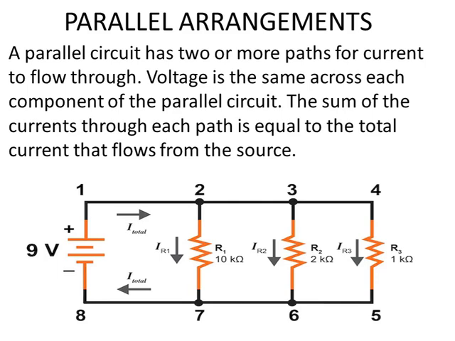The moment the current encounters another path, the current will change, because the current that will enter through path A will be different from the one that will enter through path B. So the current will already be divided. As long as you have more than one path, your current flowing through will not be the same. And that is why I said that a parallel circuit has 2 or more paths for current to flow through.